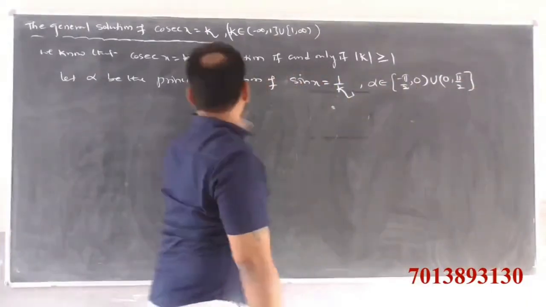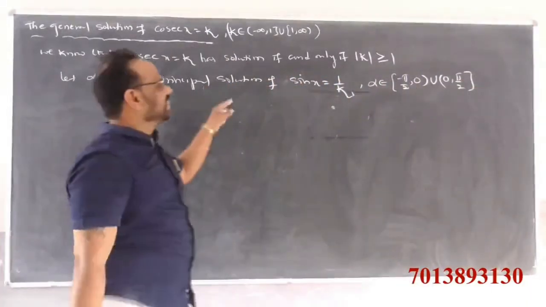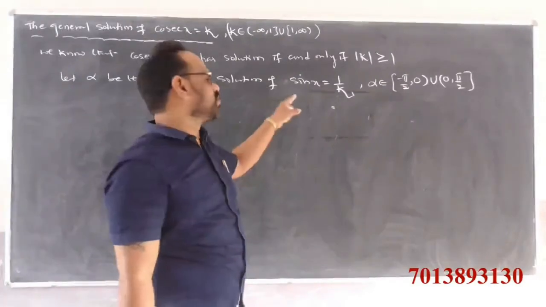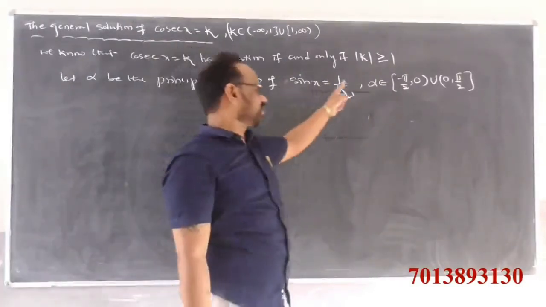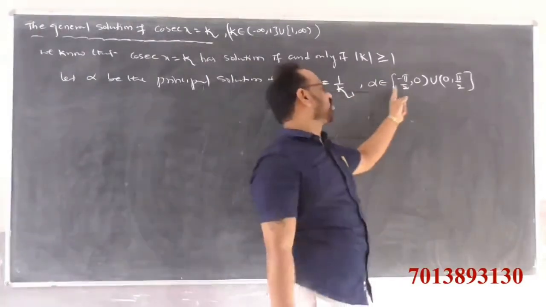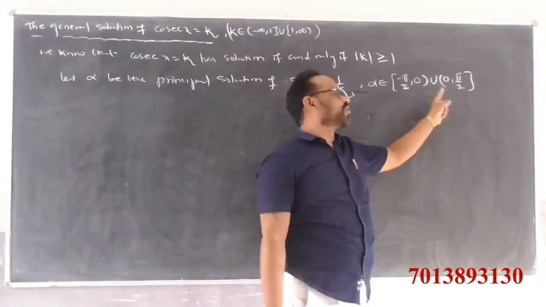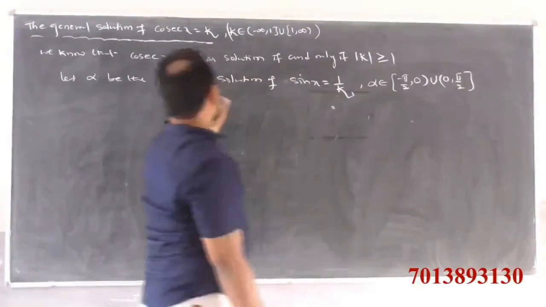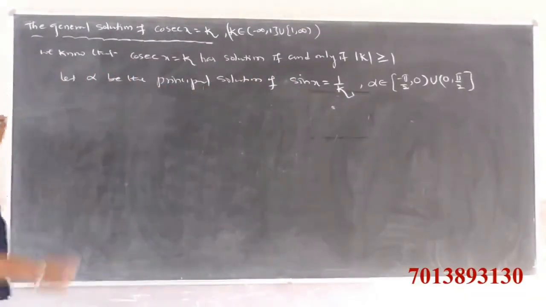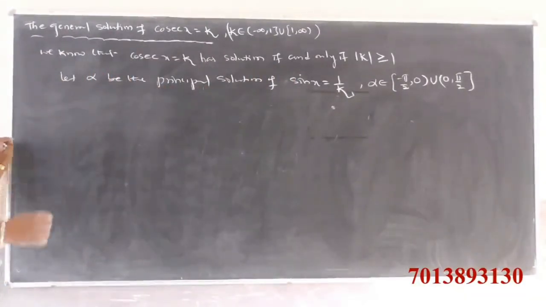Let us assume that alpha is the principal solution of sin x equals 1 by k.